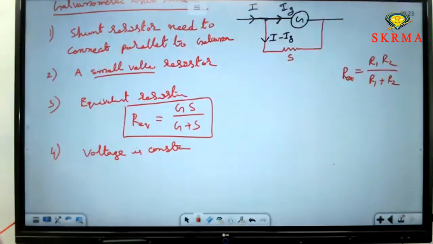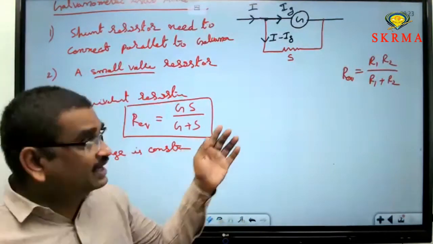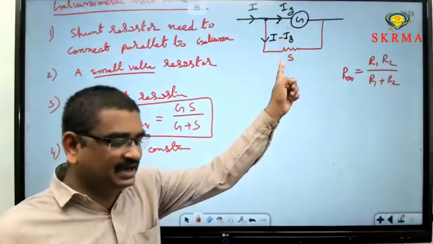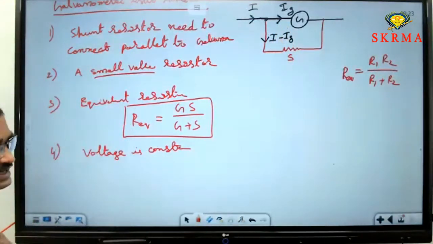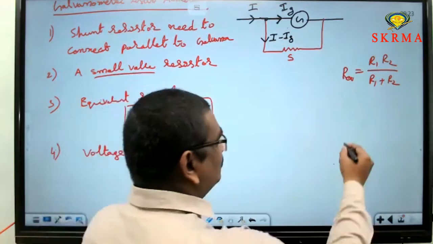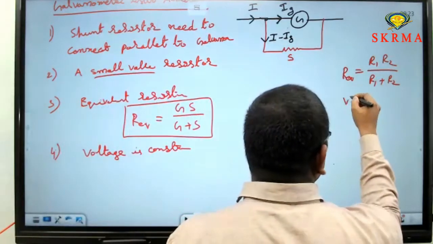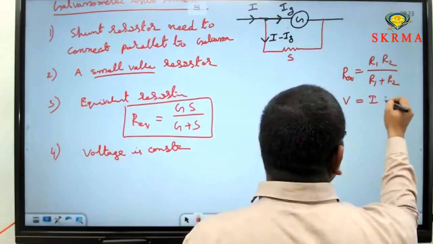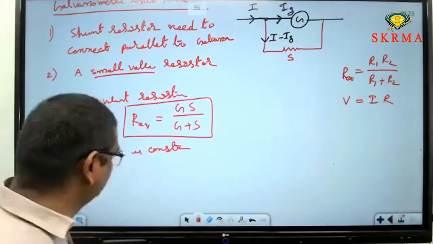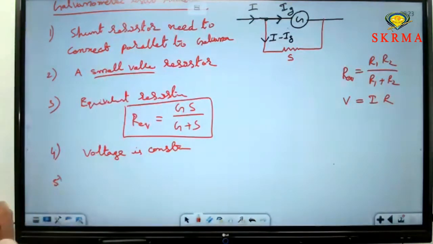Just equate the voltage across the galvanometer and the voltage across the shunt resistor. From Ohm's law, the potential difference formula is V equal to I into R, current into resistance. What is the voltage across the galvanometer?